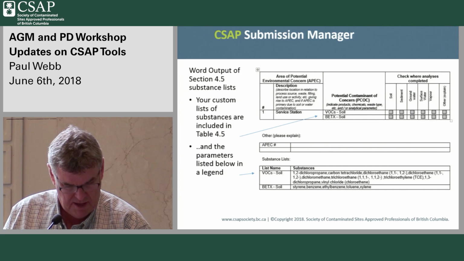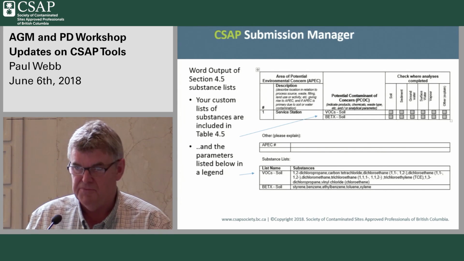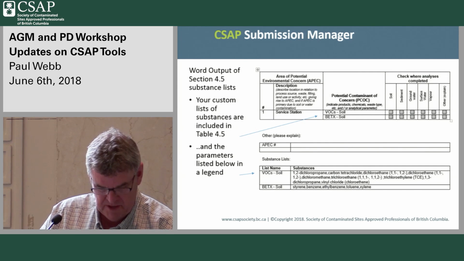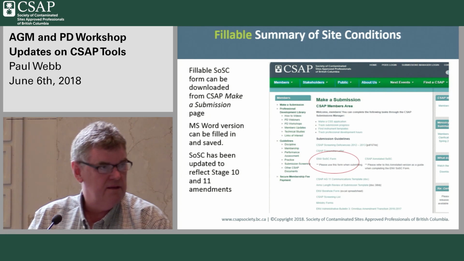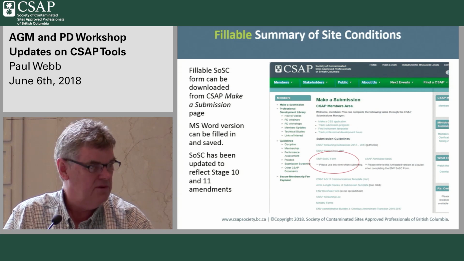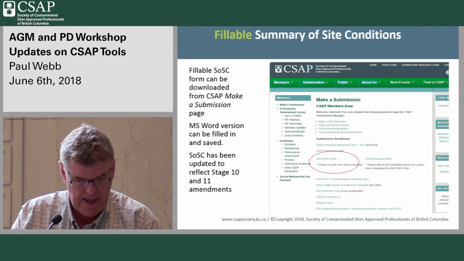So I think this improves the use of the submission manager quite a bit, and I urge people to take a look at it. Okay, so the last thing here is the fillable summary of site conditions that I've been working with Janet on.